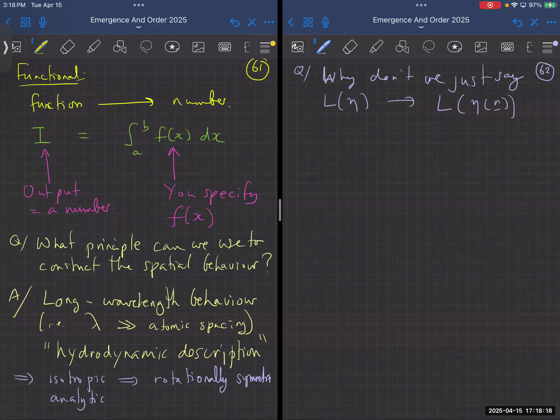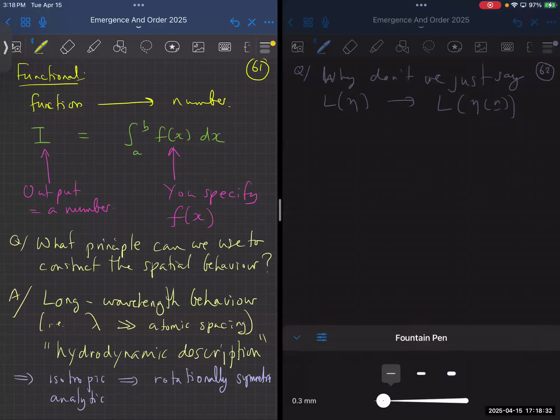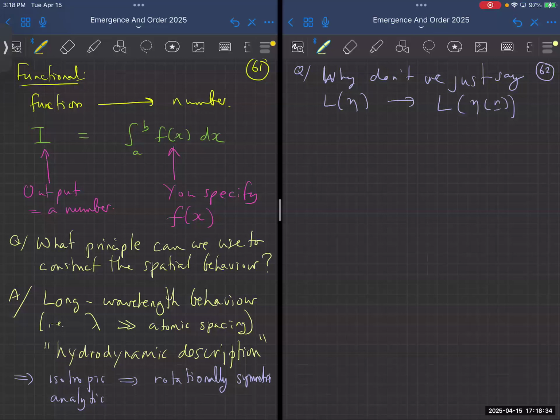Just wherever you had eta squared, eta to the fourth, just replace it by the local value. You could do that, but it would be wrong. And the reason is that if I have gradients of something, then those gradients cost energy. So you need to have a term that penalizes gradients.